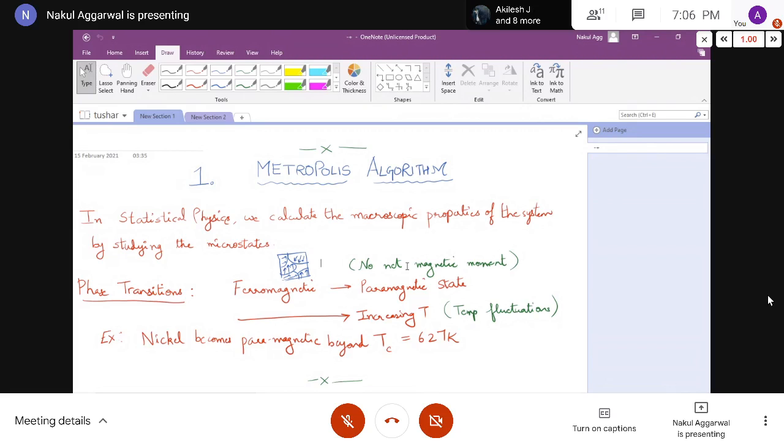Then we analyze the major disadvantage of simulated annealing, which will then set motivation to study adiabatic quantum computation and eventually quantum annealing. The main motive of this meeting is not to understand all this theory in that much detail, even though I'll try my best to cover at least the basic concepts of these four topics.